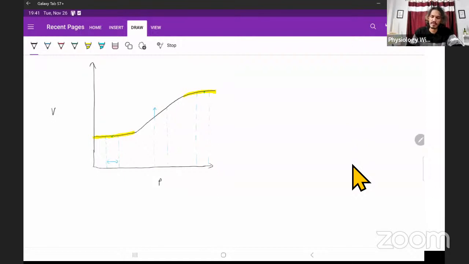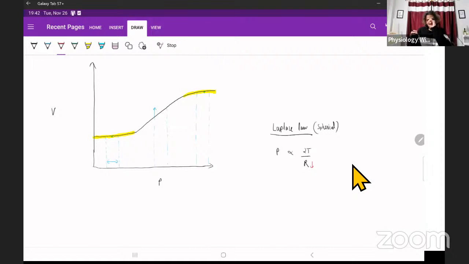Okay, this is where we have to understand a particular law called the Laplace law. Since it is alveoli and hence a spherical surface, the formula will be P proportional to 2T by R. So what it means is, at the beginning, the radius is less, and then it expands and the radius becomes high.